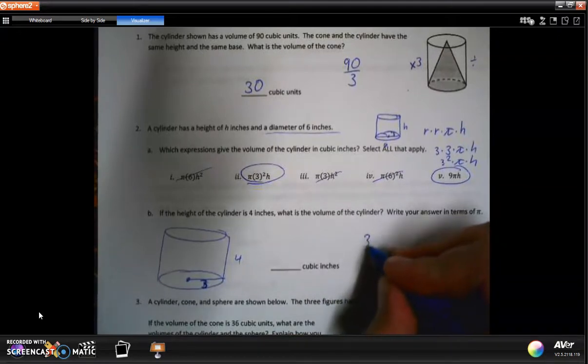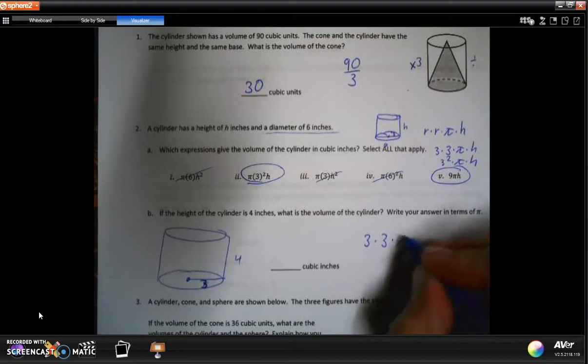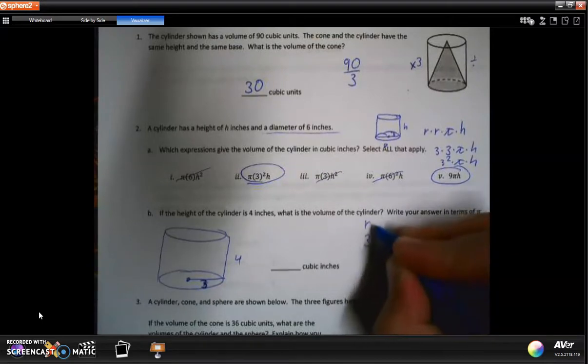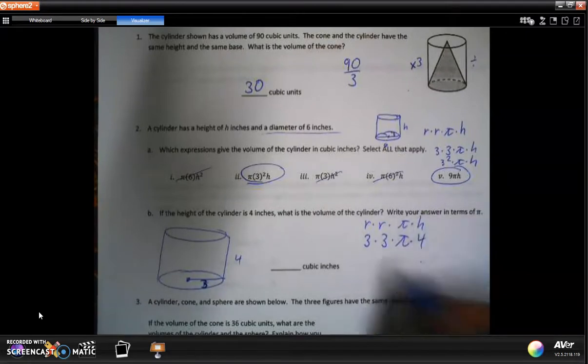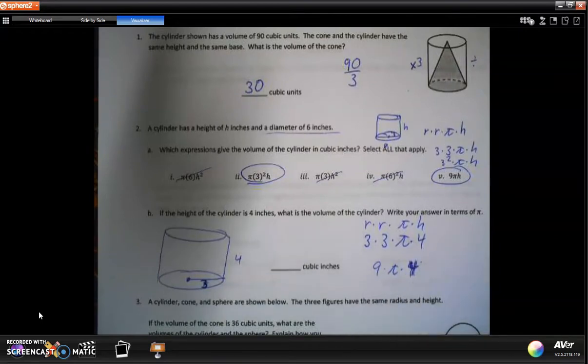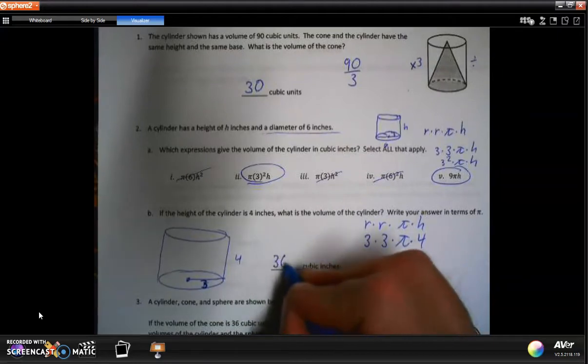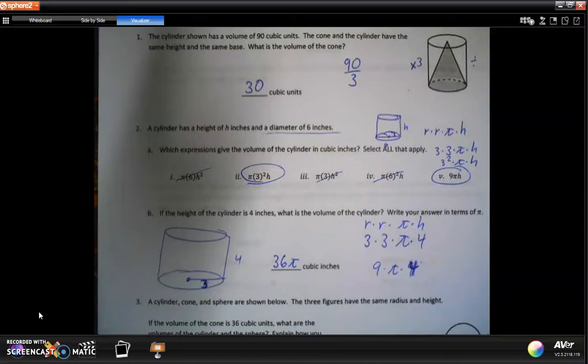So I go 3 times 3 times pi times height, radius times radius times pi times height. 3 times 3 is 9. 9 times 4, that's why you use a pencil, not a pen. I'm using the pen so you can see it. 9 times 4 is 36 pi cubic inches.